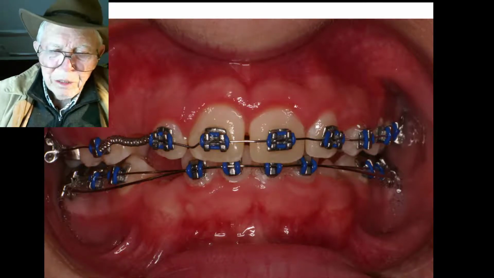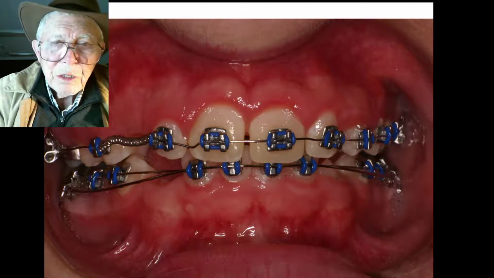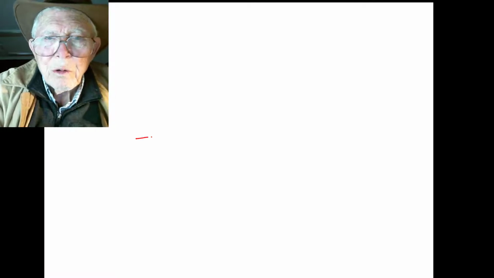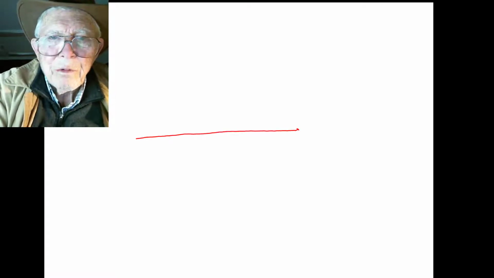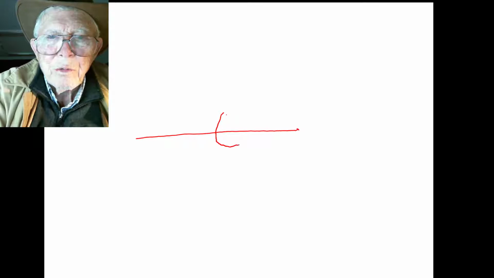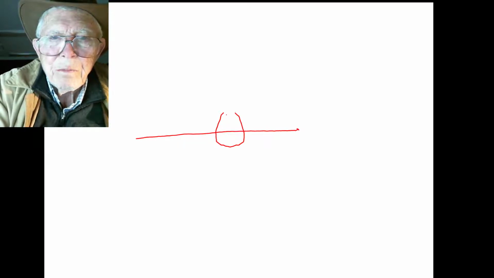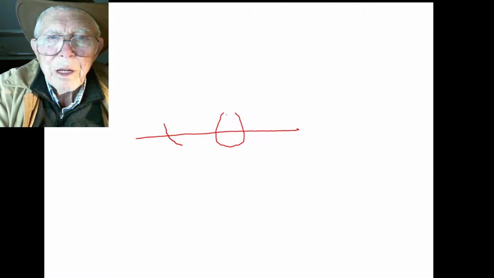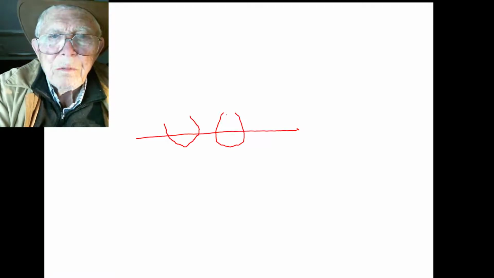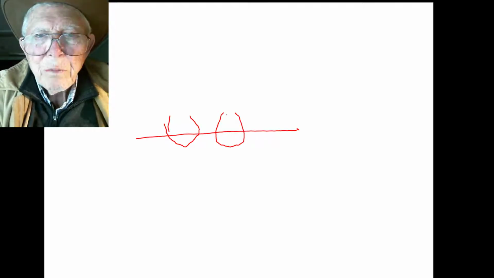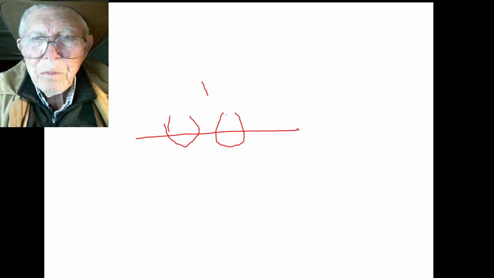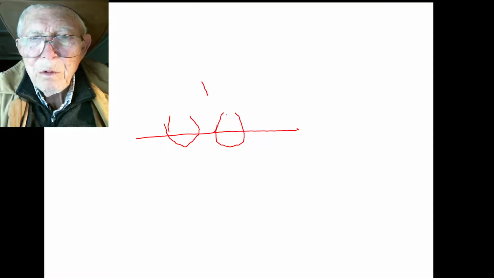Now, what we've done, let me see if I can just get a white sheet of paper here. We have an arch wire going along like this, and we have a lateral tooth sitting in here somewhere, and then there was a bicuspid back in this area, something like this. We wanted to make some room up here to get this cuspid down, so we put a forward tip in that line.